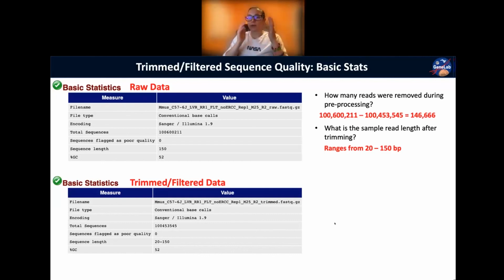And then if you remember, when we sequenced this originally, the total length at the start was 150, right? So the fact that the max range that we're seeing now in the sequence length is 150 means that there were some reads that didn't have to get trimmed at all. They started at 150, they didn't have to get trimmed because they met the quality cutoff, they didn't have any adapters in them.